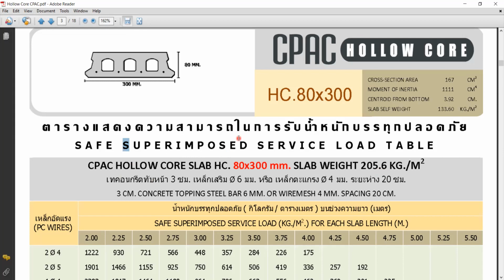Yes, excuse me. Yes, please. Since it says superimposed service load, does that mean the factor of safety is already accounted for, or not? That is a very good question, but this is the load side. The factor of safety is on the resistance side. All right. You mean the floor itself? Yes, I should say yes. It has to be.